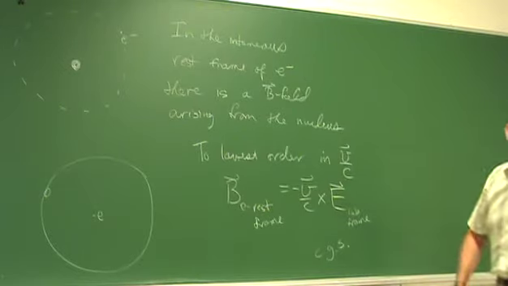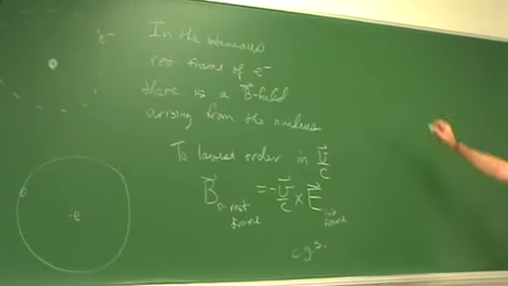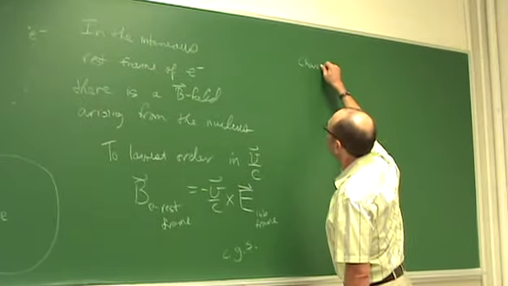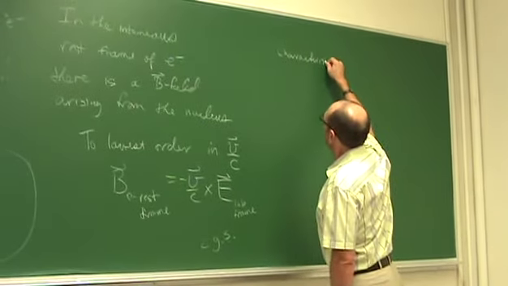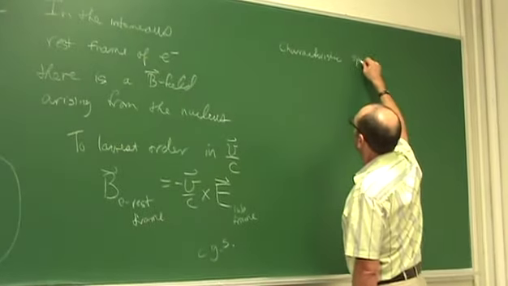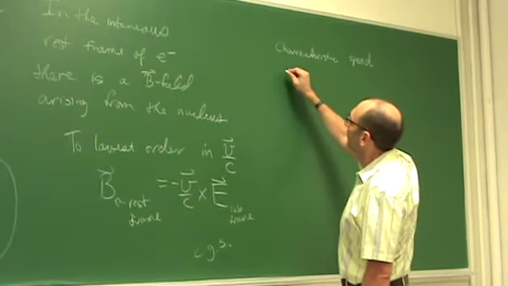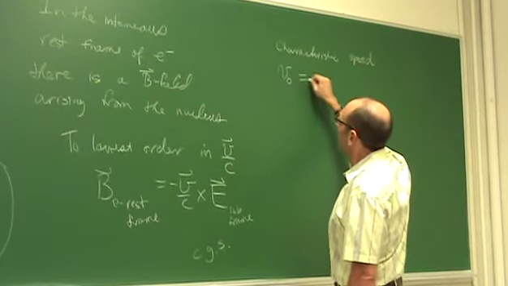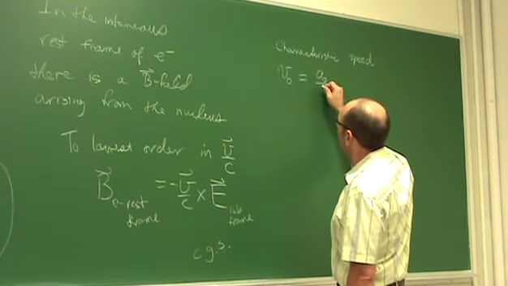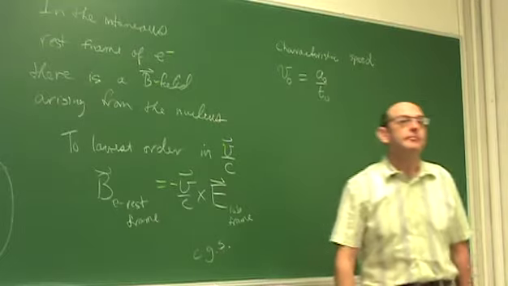Well, we just did that problem for homework. So the characteristic speed, well, how would we think about that? The characteristic speed would depend on the characteristic length divided by the characteristic time.